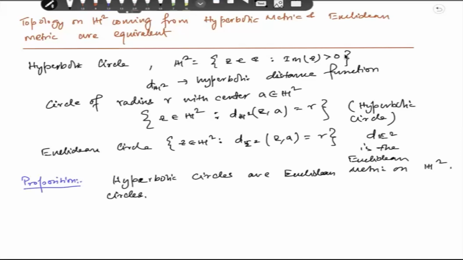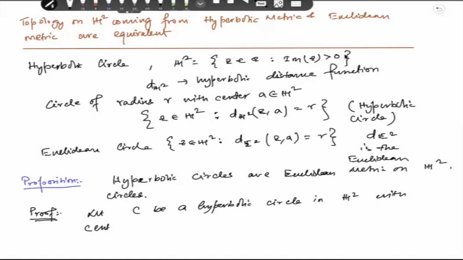Okay, so what is the proof of this? Let C be a hyperbolic circle in this upper half plane with center A and radius r.